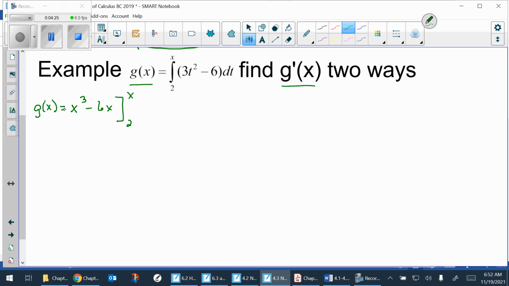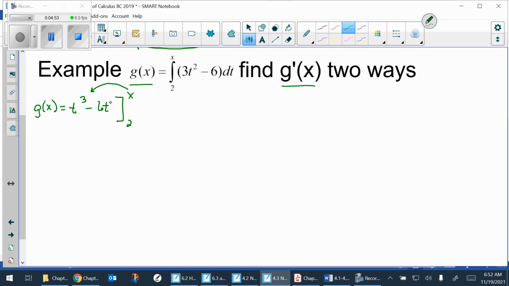So let's make that real clear. Oh, and I'm sorry, since the variable was t, I really should have called these t's. So, t cubed minus 6t.